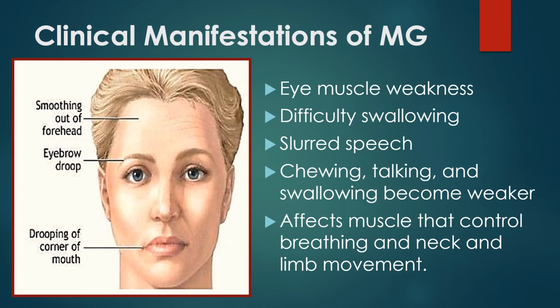Bulbar indicators include symptomology related to cranial nerve 9, 10, which is the vagus nerve, 11, which is the accessory nerve, and 12, which is the hypoglossal nerve. These nerves emerge from the medulla of the brainstem. Symptoms include difficulty with phonation, chewing, and swallowing, so their throat muscles become really weak.